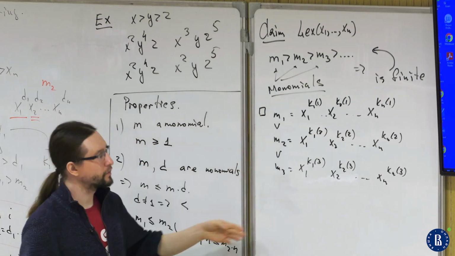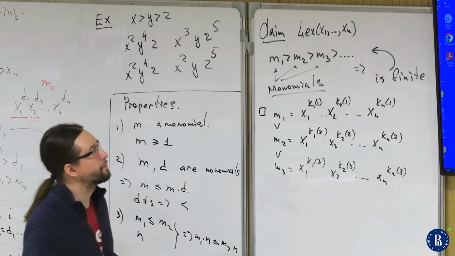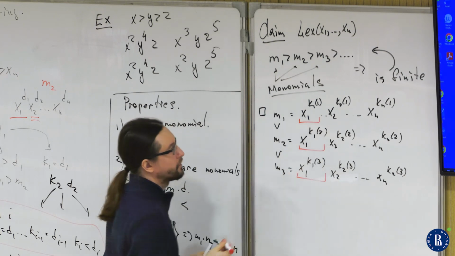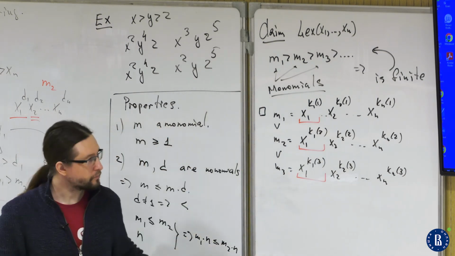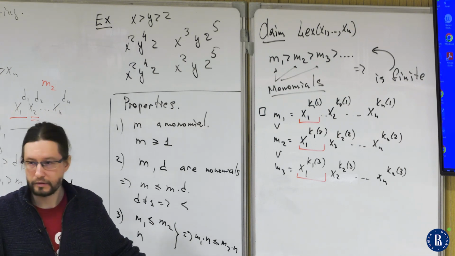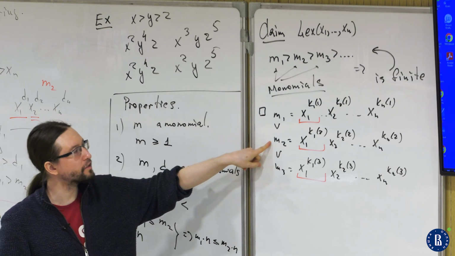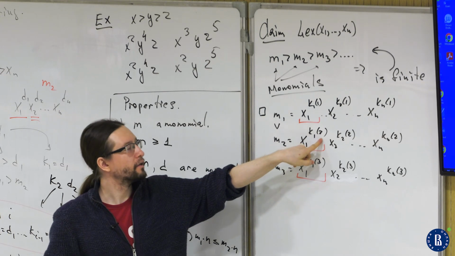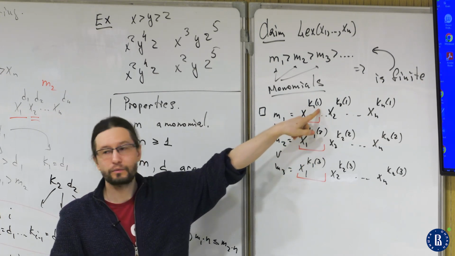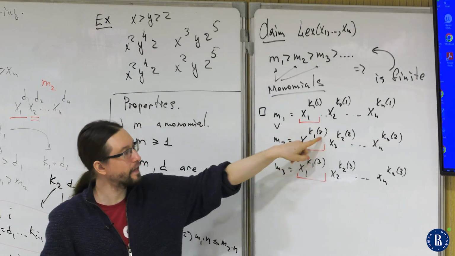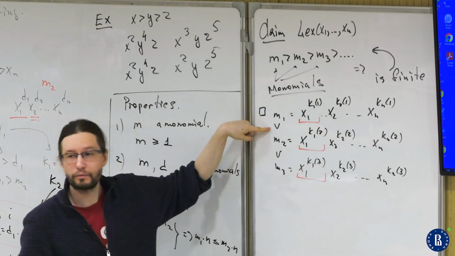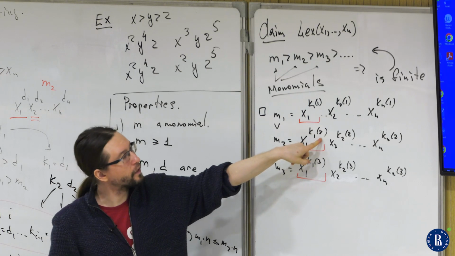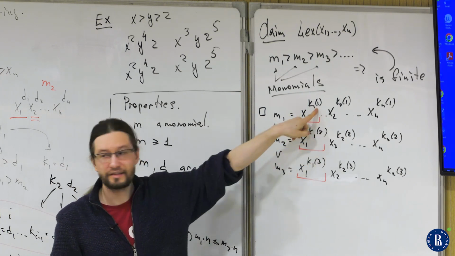The first step: I want to consider the first variable of all possible monomials in this sequence. If m2 is strictly smaller than m1, then k1(2) is not greater than k1(1). I mean, if this one were strictly greater than that one, then the inequality would be in the opposite direction. So either this one is strictly smaller than that one, or they are the same.